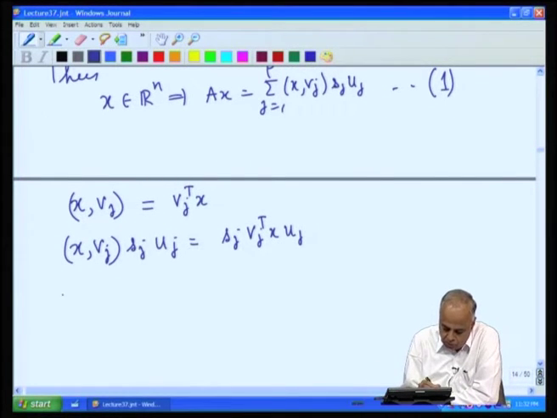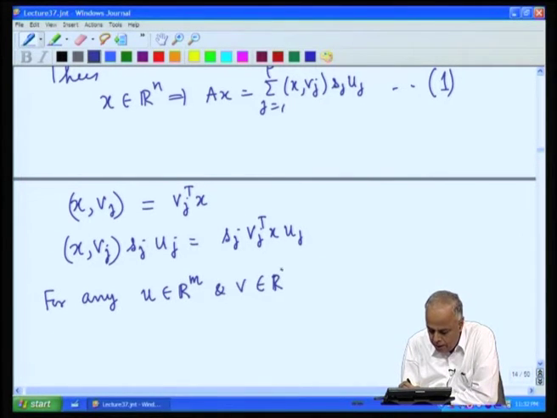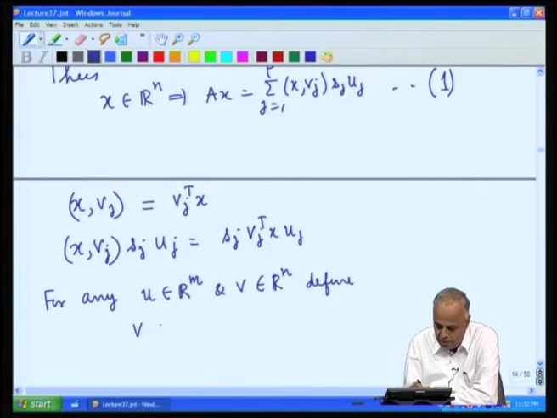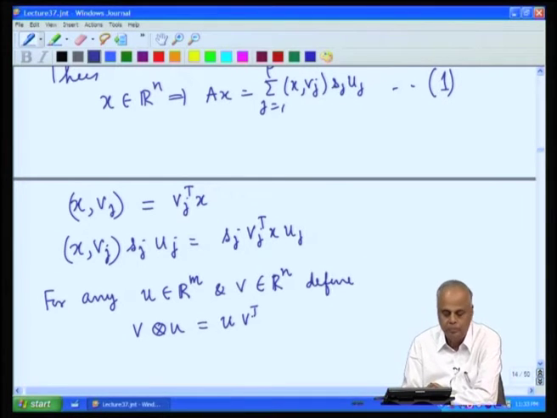Now, for any u in R m and v in R n, we define the tensor product v tensor u as u v transpose.